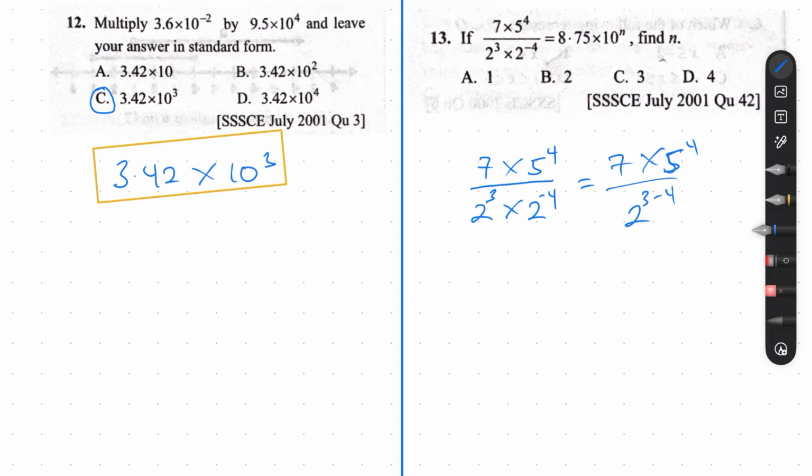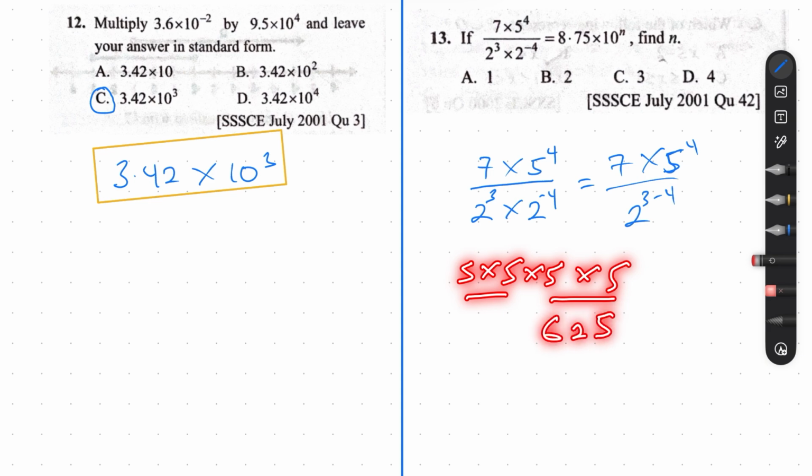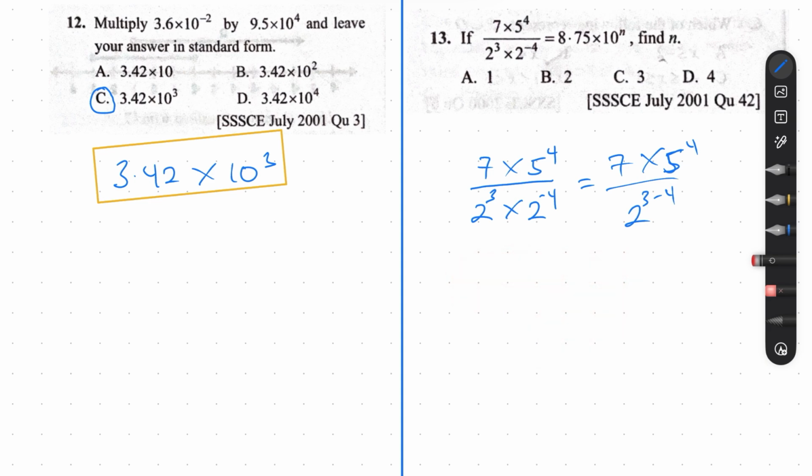So let's also break down the 5 exponent 4. 5 exponent 4 just means 5 by 5 by 5 by 5. So 25 by 25, which is 625, right? Okay, so we have 625 by 7 all over 2 exponent negative 1, right?